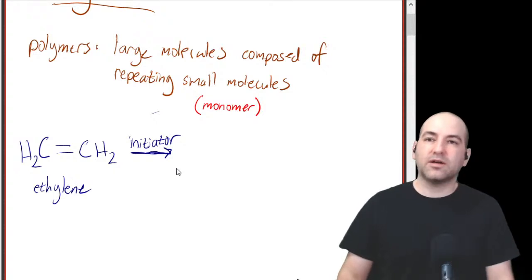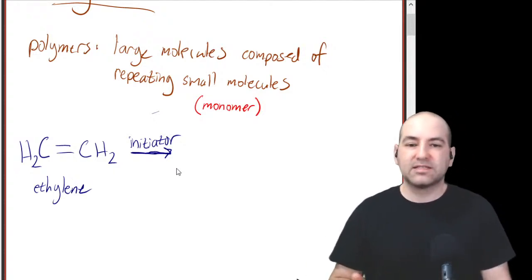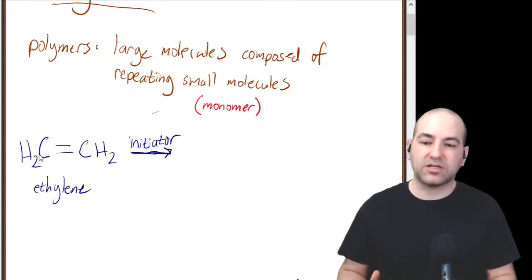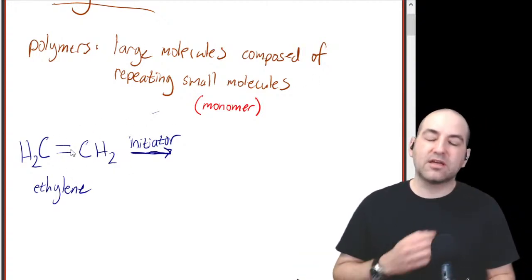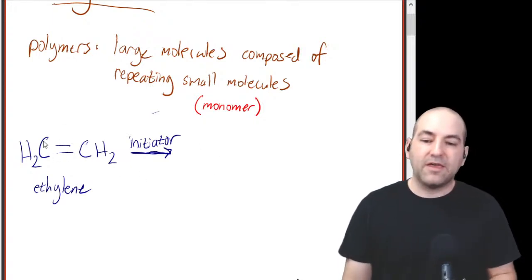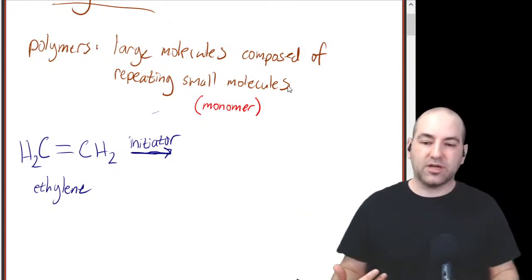There's ones that use radicals, which is a single electron source. There's acids, there's anions. There's various ways that you can initiate this reaction. But basically, you just kind of make this thing more reactive. You sort of break one of these bonds. And then all of these ethylene molecules in this big sample start linking up with each other.